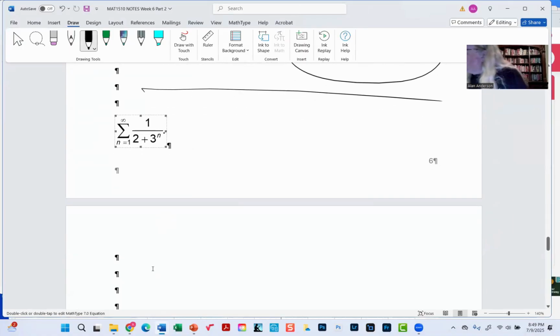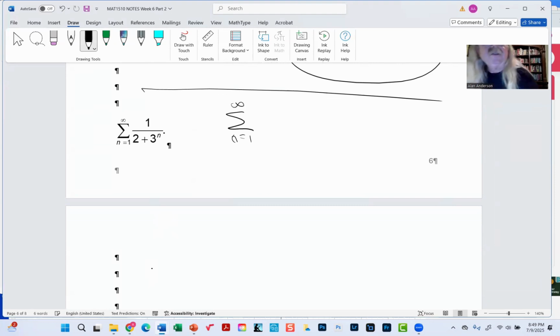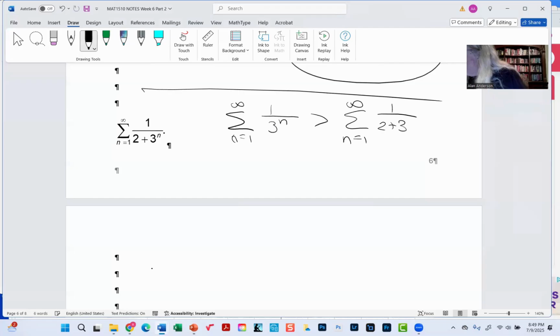So remember, what they're telling us is that this sum, because of that extra 2 in the denominator, it must be true that 1 over 3 to the n must be greater than 1 over 2 plus 3 to the n.